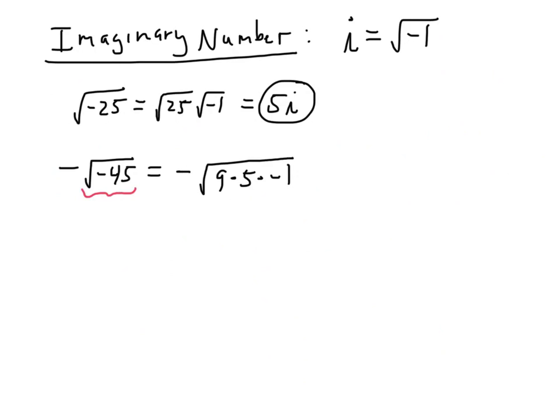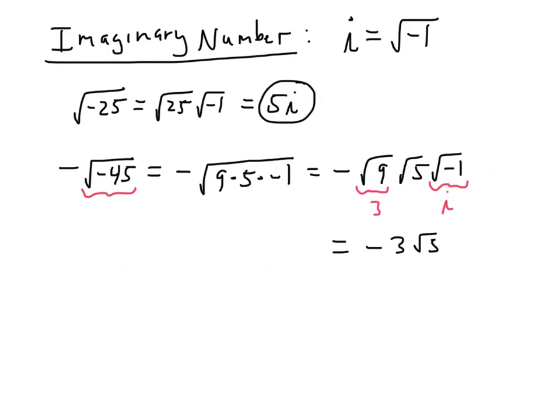And if you break that up into 3 separate square roots, you have the square root of 9, and then the square root of 5, and then the square root of negative 1. And the square root of 9 is just 3, and the square root of negative 1 is i, and the square root of 5, there's nothing we can do with it. So the answer for that would be negative 3 root 5 times i.